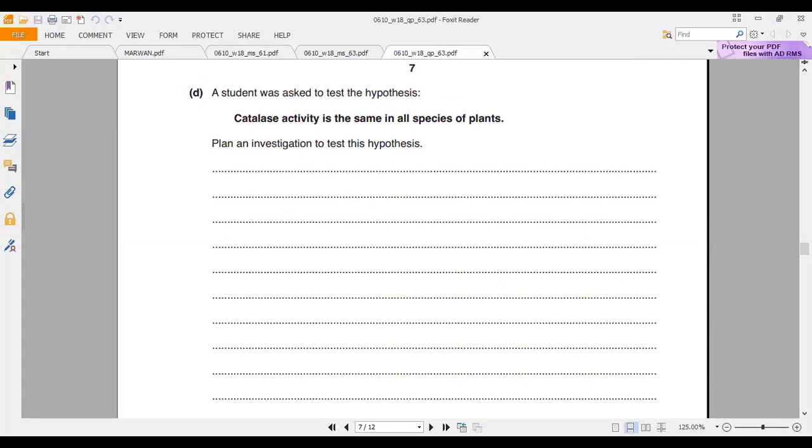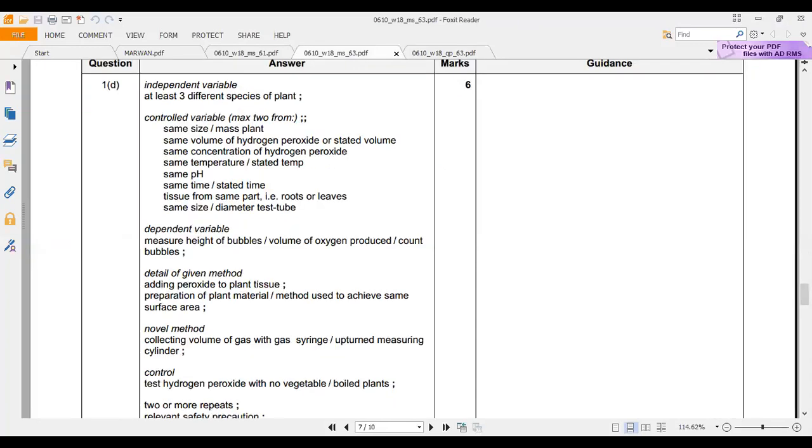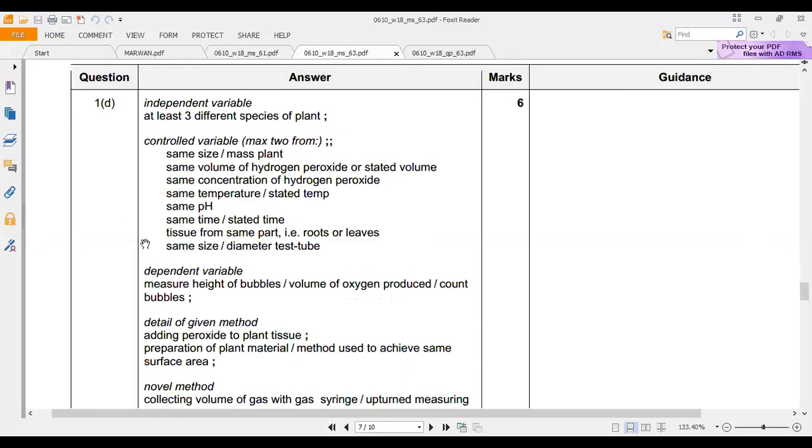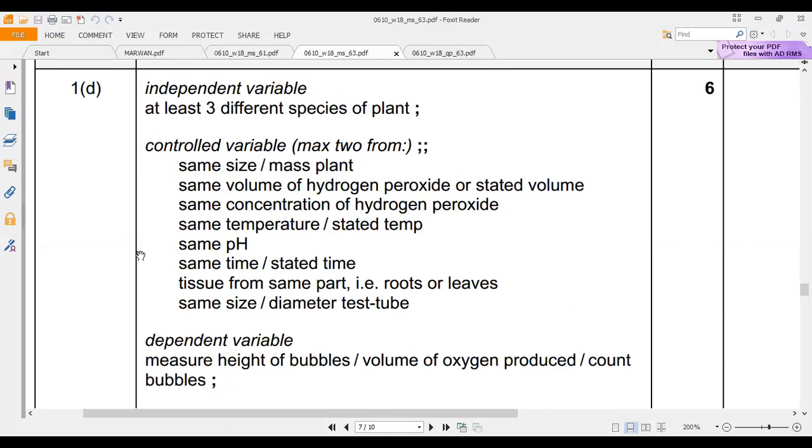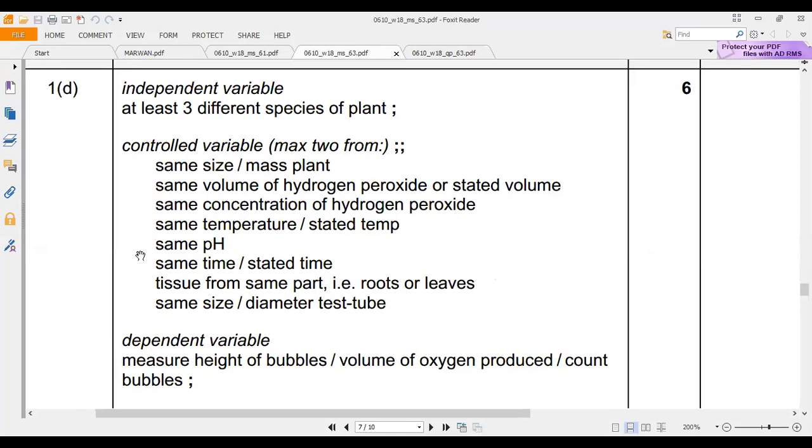If we go back to the mark scheme upon which you were graded, we have here the independent variable. You should mention at least 3 different species of plants. 3 is the minimum, but the ideal is 5.